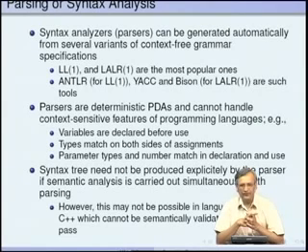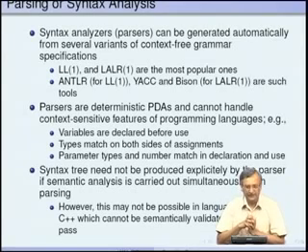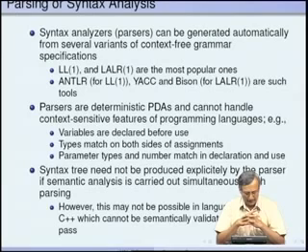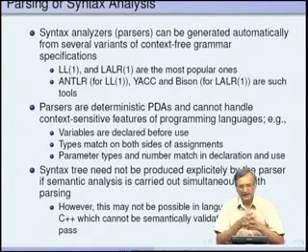Third example of a context sensitive feature is regarding parameters. You would have a number of parameters in a function, and you would put down the declaration of the function and its parameters and then call the function with the actual parameter list.